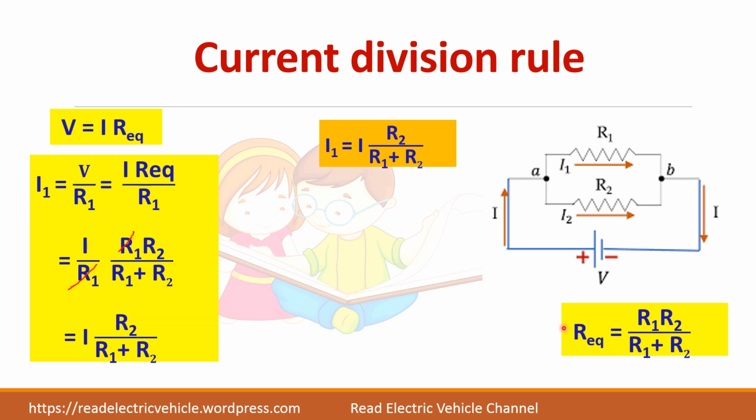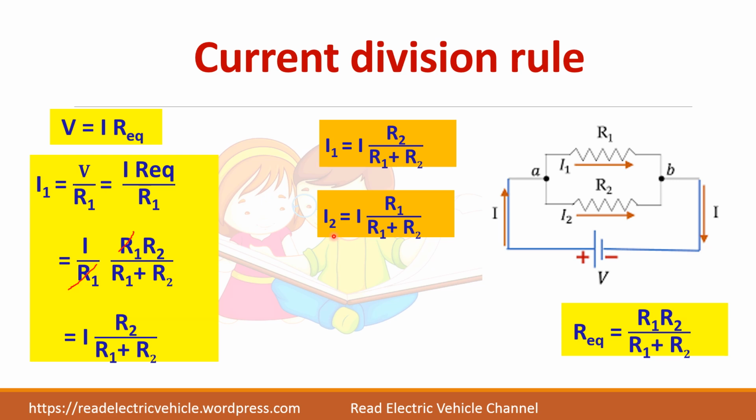It is not R equivalent, it is the sum of the resistance R1 plus R2, into the other resistance. So if I want to find the current through this resistance R1, I have to write R2. So I1 is equal to total current divided by R1 plus R2 into this R2.